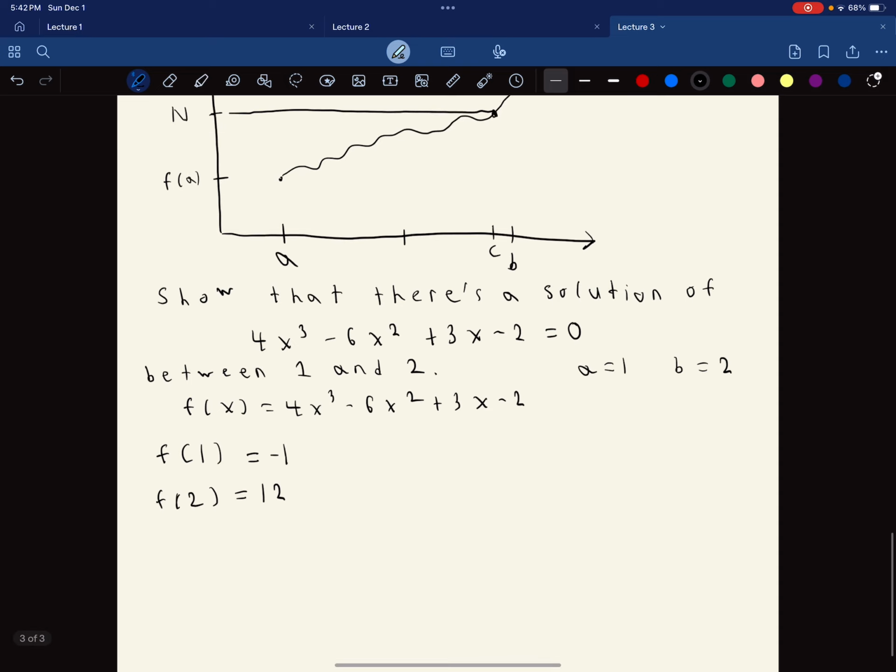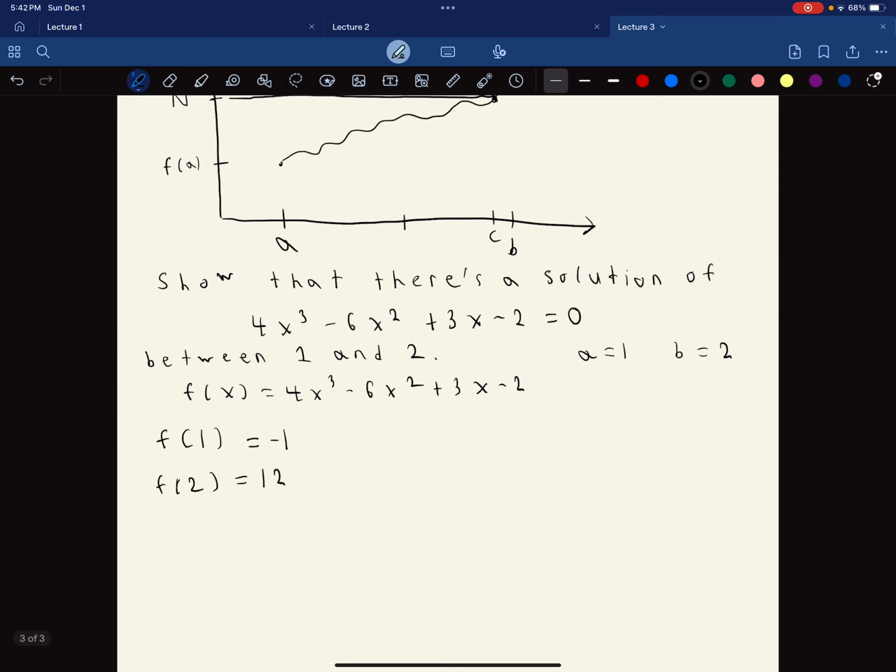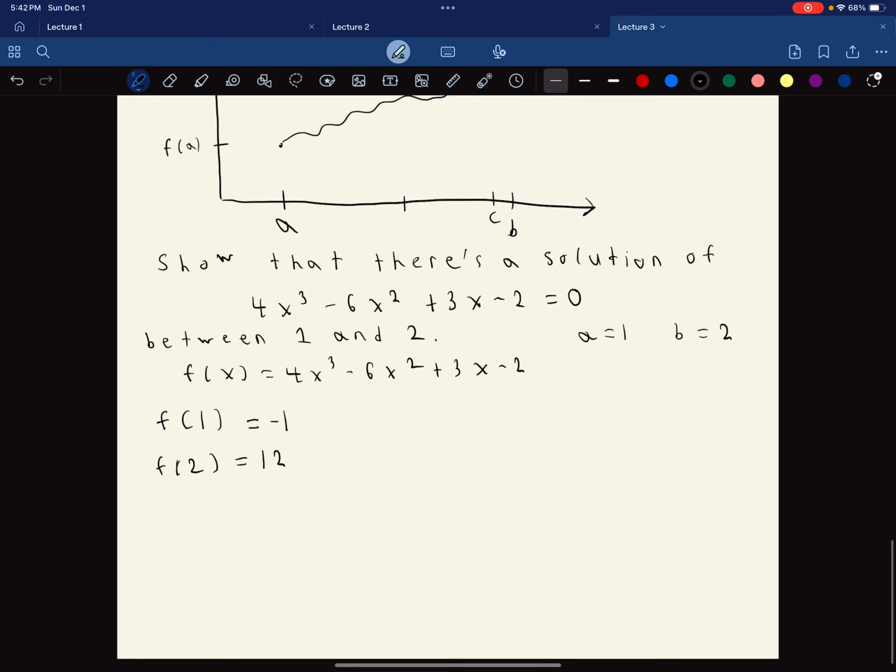Now, show that there's a solution to this function between 1 and 2. So what does that mean? Well, we're basically trying to show that the function crosses the x-axis. So we want n equaling 0, because if n equals 0 somewhere on this interval of 1 and 2, we know that there's a solution for the function.